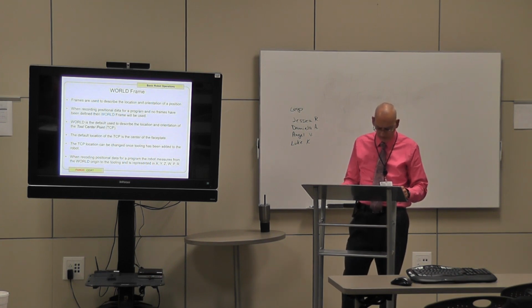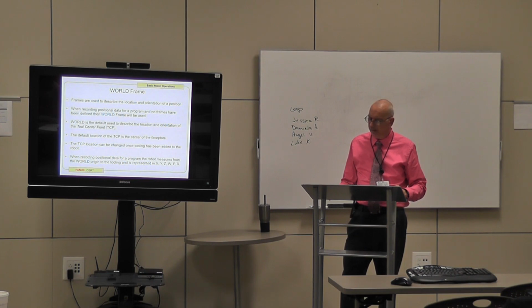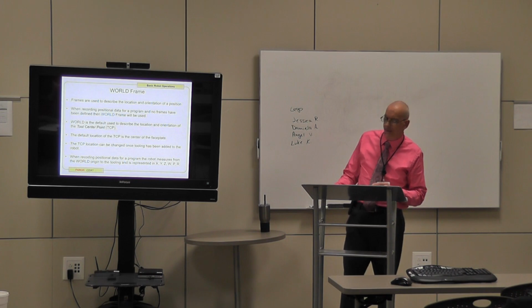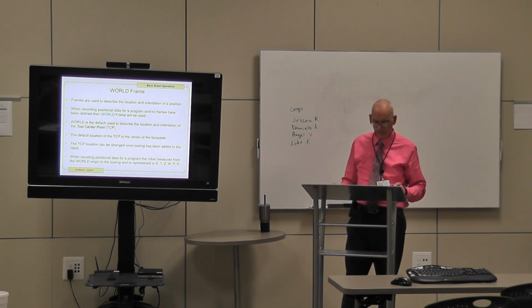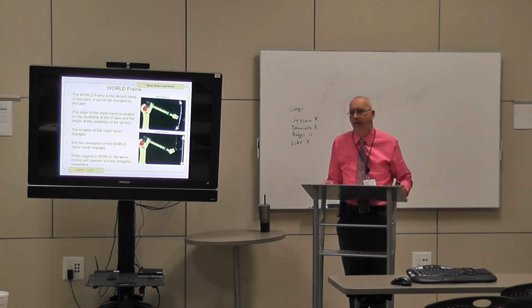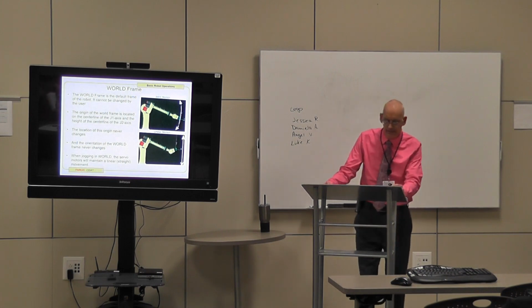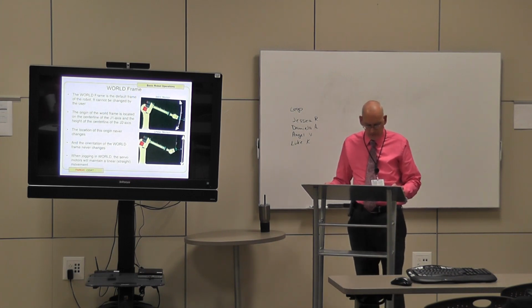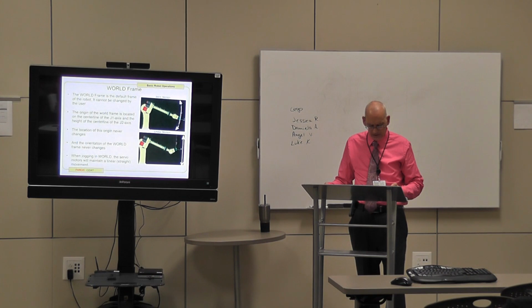When recording the positional data for a program, the robot measures from the world origin to the tooling, which is represented again as a new XYZ and yaw, pitch, and roll. The world frame is a default frame of the robot. It cannot be changed by the user. Remember, it cannot be changed. The origin of the world frame is located on the center of the J1 axis and the height of the center of the J2 axis.